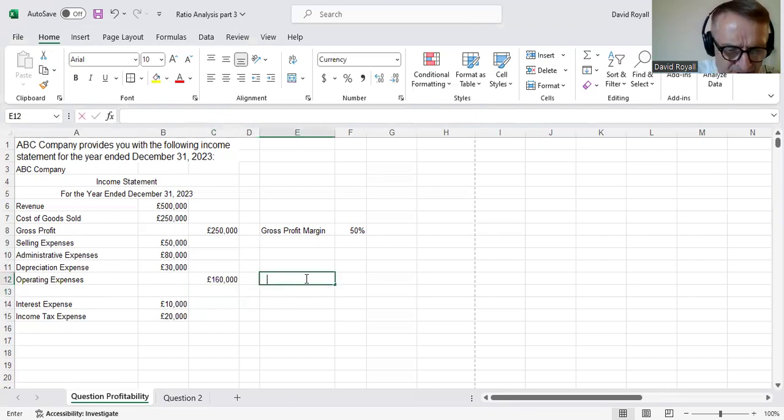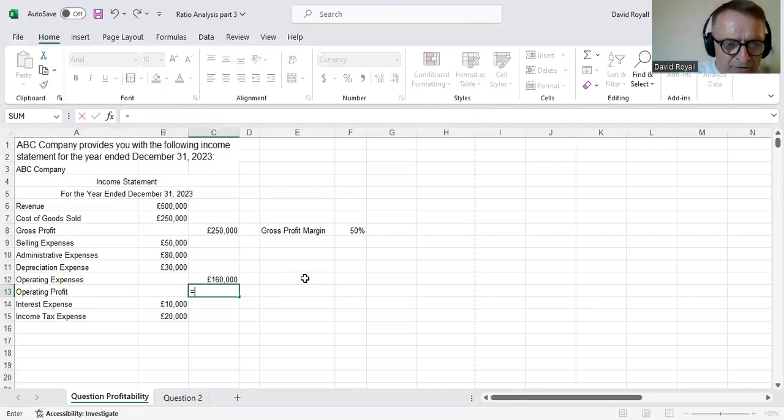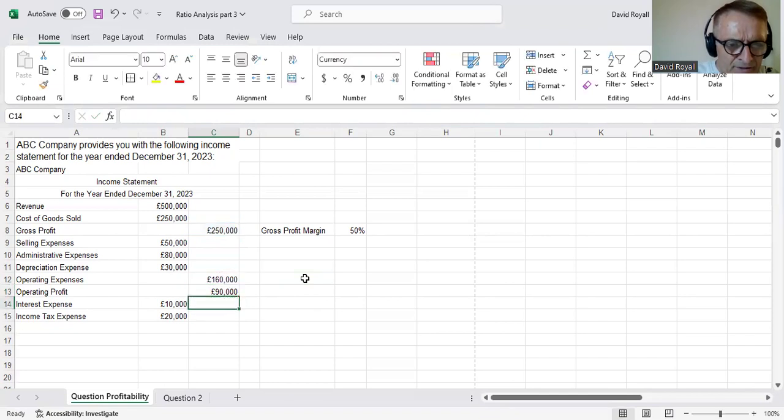Okay, well, that gives us an operating profit. Okay, operating profit. It's not net profit, remember, it's equal to the 250 minus the 160.